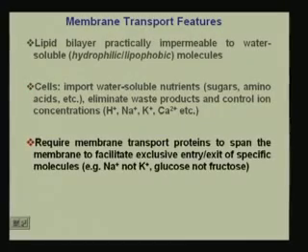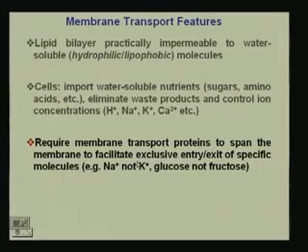So, as we have studied, we have integral membrane proteins, peripheral membrane proteins and anchor proteins. What happens is, there is a specific requirement for membrane transport proteins that have to span the membrane to facilitate exclusive entry or exit of specific molecules.